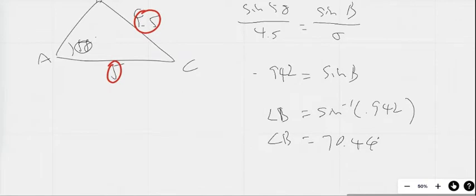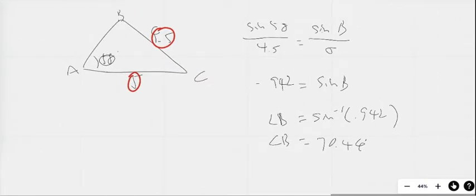The way to test it is that the first number you get is 70.44, and 58 plus 70.44 is less than 180. This perfectly makes sense.